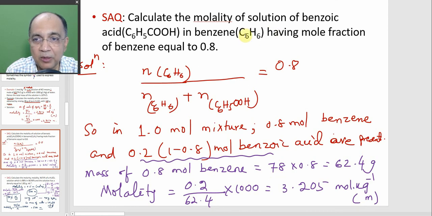C6H6, 12 into 6 is 72 plus 6, 78. That gives 62.4 gram of benzene, and this is the number of moles of solute benzoic acid into 1000. So the molality of the solution is 3.205 moles per kg. That means 3.205 moles of benzoic acid is present per 1 kg of pure benzene solvent.